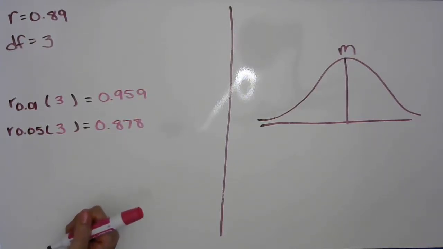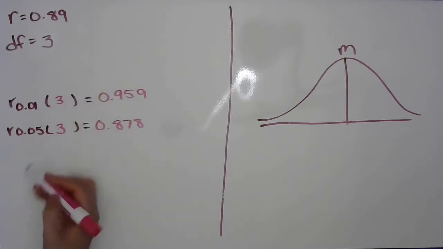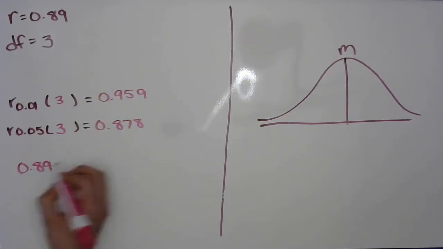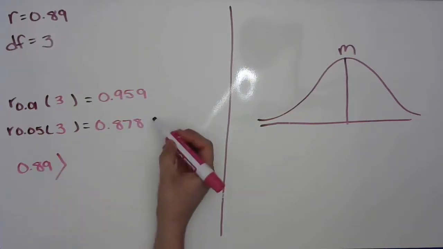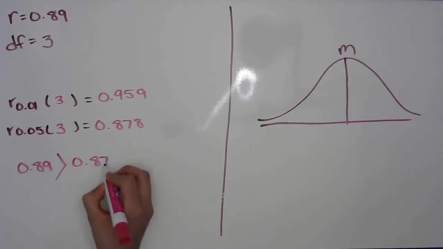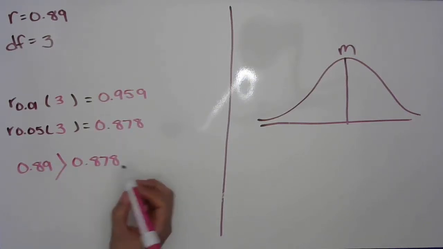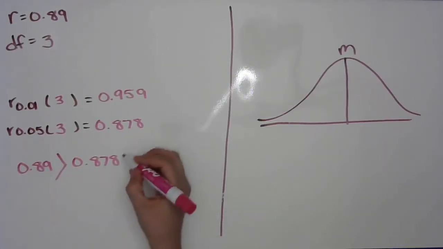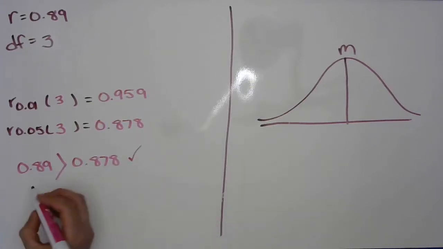So the way that I do it is you take your R value here. So you have 0.89. Is that greater than this 0.05 value here of 0.878? So is 0.89 bigger than 0.878? Yes, it is.